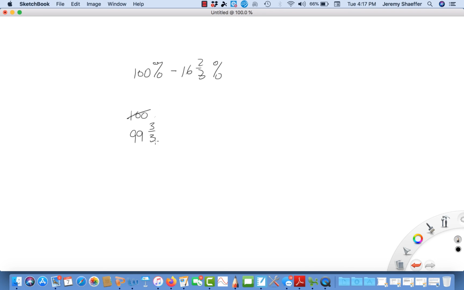So 99 and 3/3 is 100%. Okay? So 99 and 3/3 minus 16 and 2/3. 3 minus 2, yep, we can do that. It's 1/3, and 99 minus 16 is 83. 83 and 1/3% is our answer.